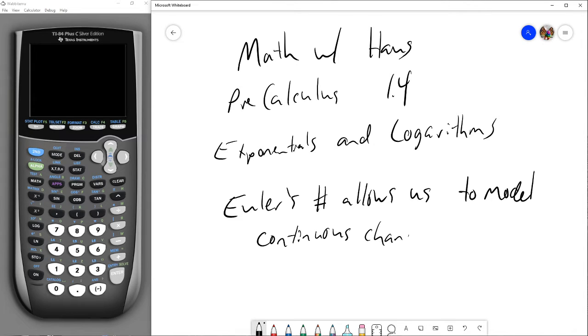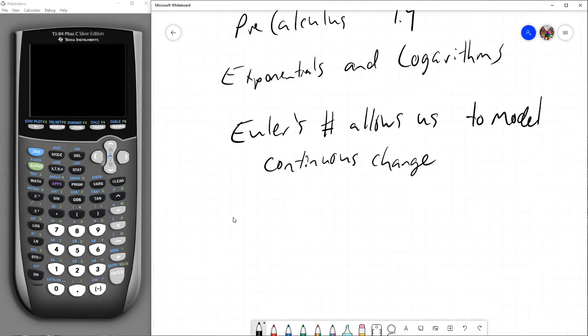So when we talked about the compound interest formula, we had A is equal to the initial amount times 1 plus interest rate over number of times compounded, raised to the number of times compounded times time. If we want to consider continuous change, that means every single moment, every single day, over the whole year, interest is being compounded.